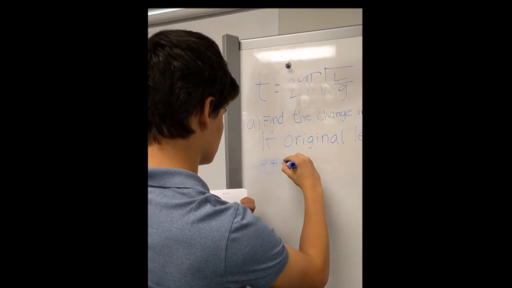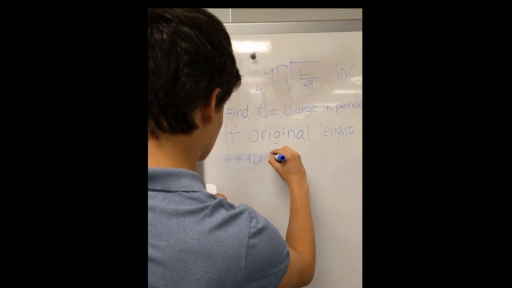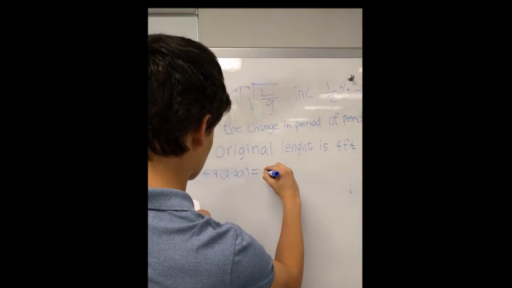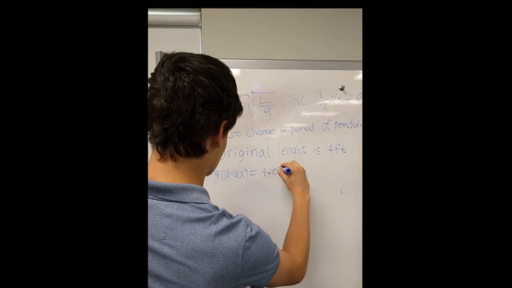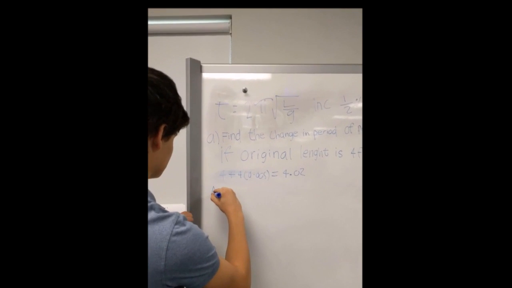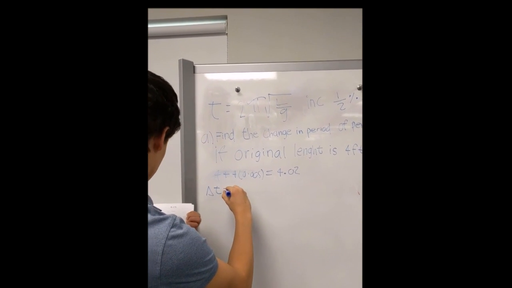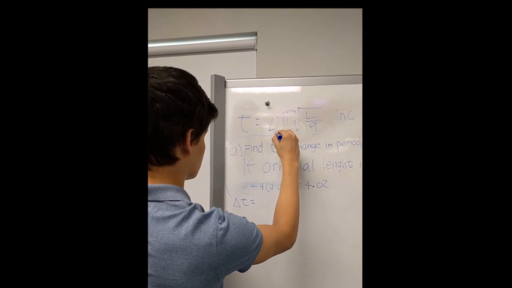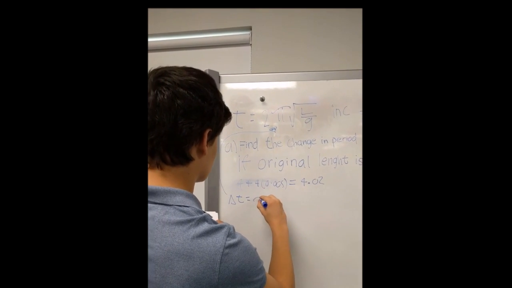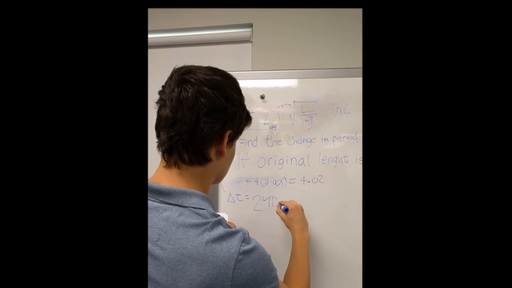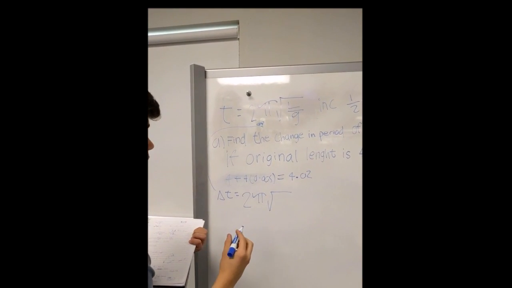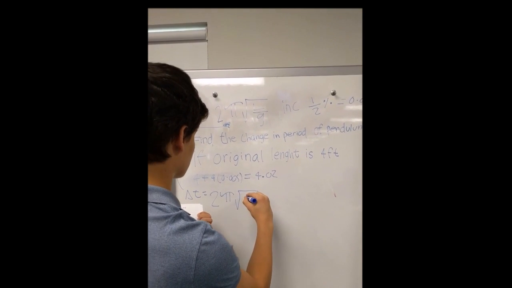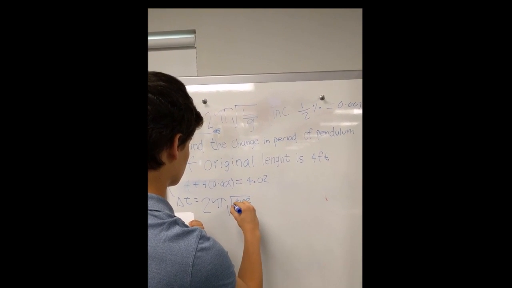For problem A, we have to find the change in the period of the pendulum if the original length is 4 feet and it has increased 0.5%. So we do 4 plus 4 times 0.005, which is the increment of 0.5%. Now that we have the new length, we have to find the change of the period of the pendulum.